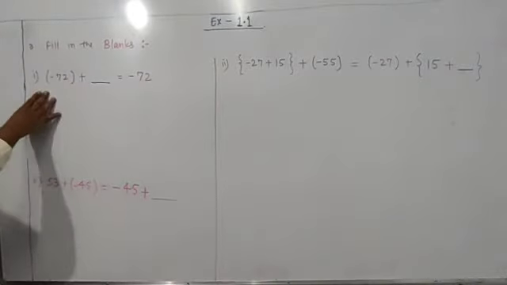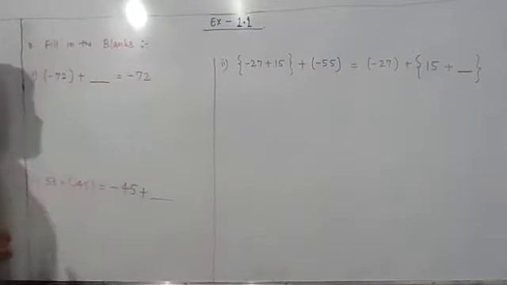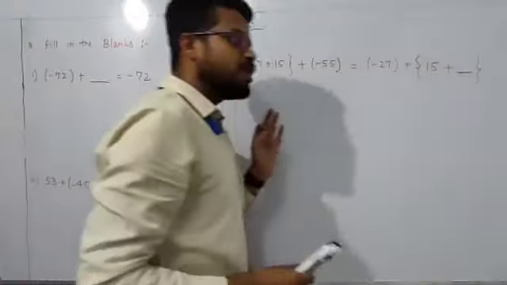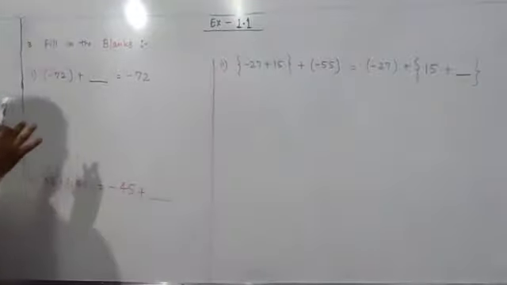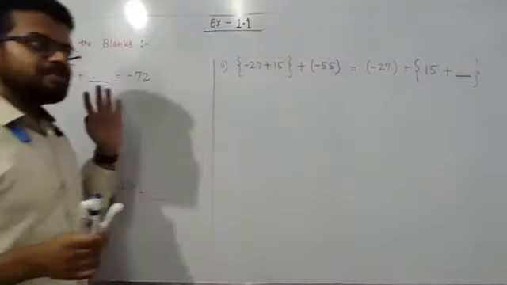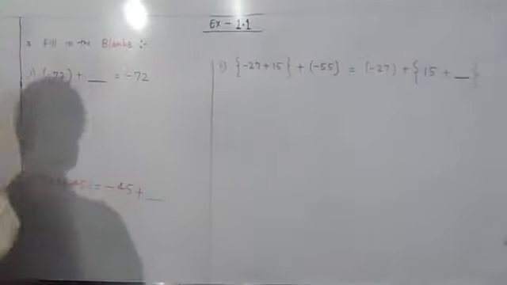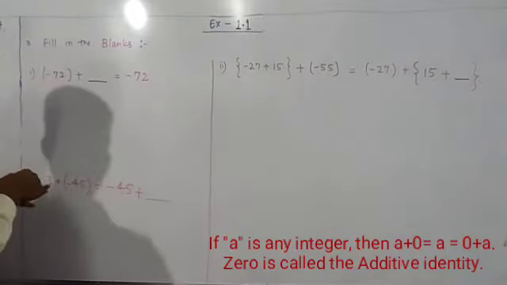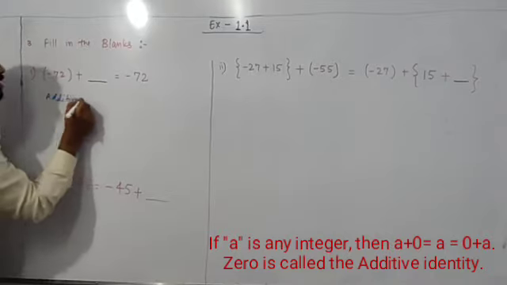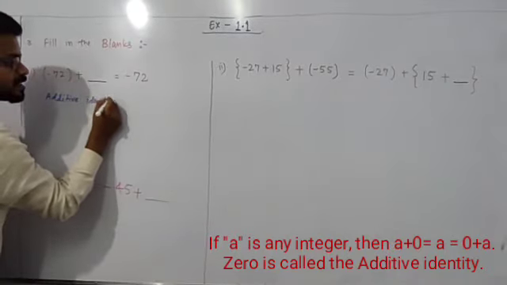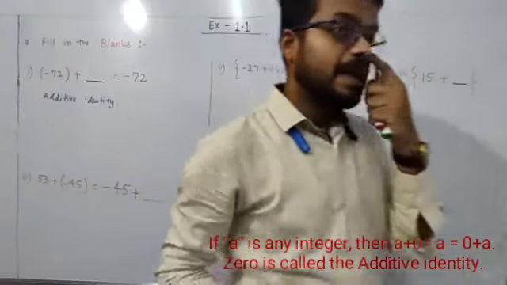Okay. Now the first question is minus 72 plus blank is equal to minus 72. Just try to remember what we have done in the previous class. Additive properties. Remember? From those properties, one of the properties is additive identity.